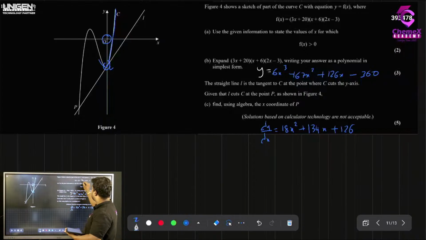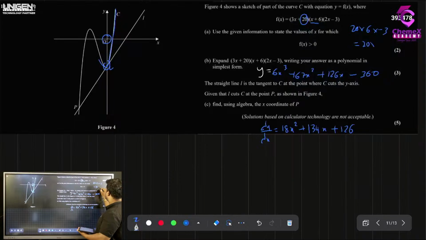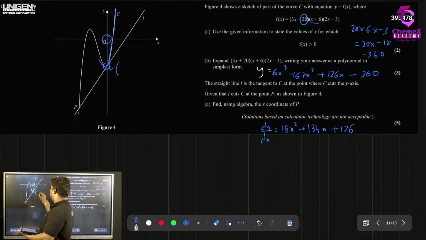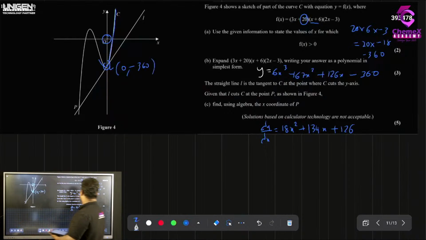This is going to be 20 into 6, this is 6, no? Into minus 3. So what is it? 20 into minus 18. Minus 360. Yes. So that's the y value. 0 comma minus 360 is the place where it cuts.